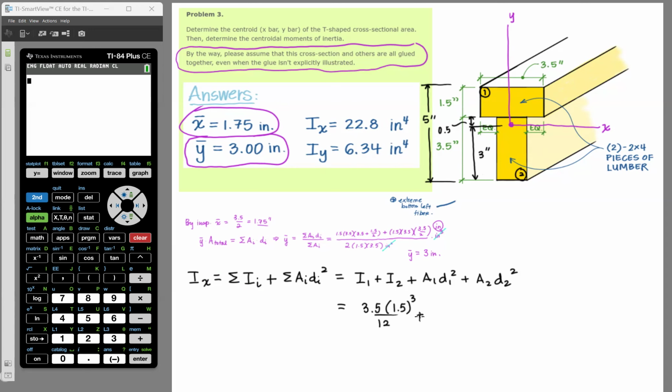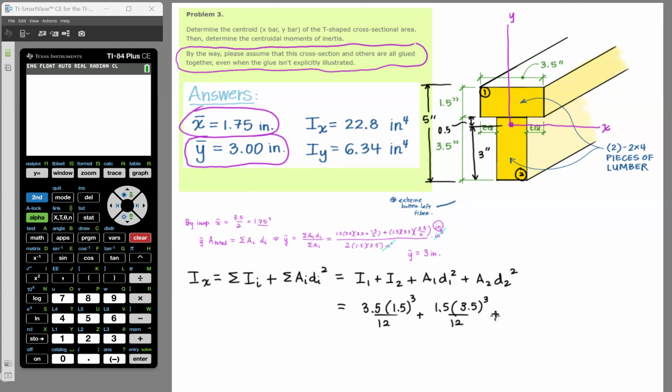So base times height cubed divided by 12. So base, right, 1.5, height 3.5, cube it over 12. You never, ever, ever have any negative signs. All these are magnitudes, okay?